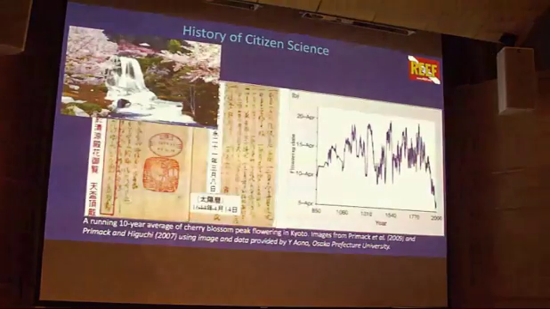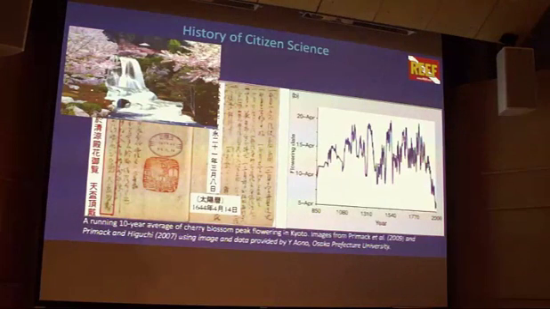So citizen science is definitely not new. This is a really cool paper that was put out a while back, in 2009. The image on the left is from some emperor journals, basically, from during the cherry blossom festivals that happened in Kyoto each year.